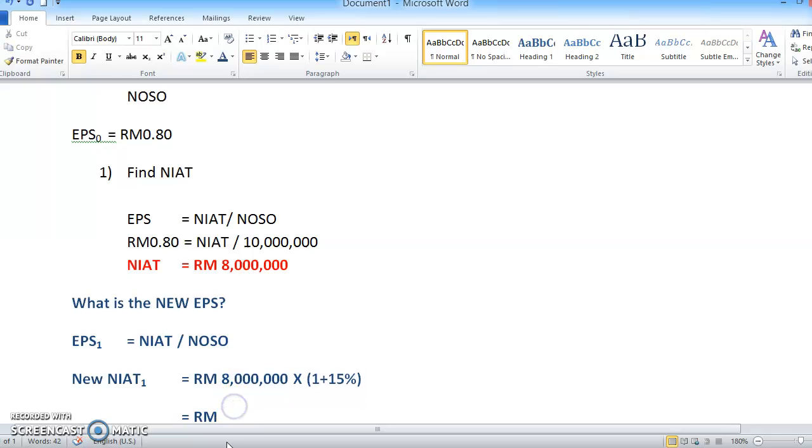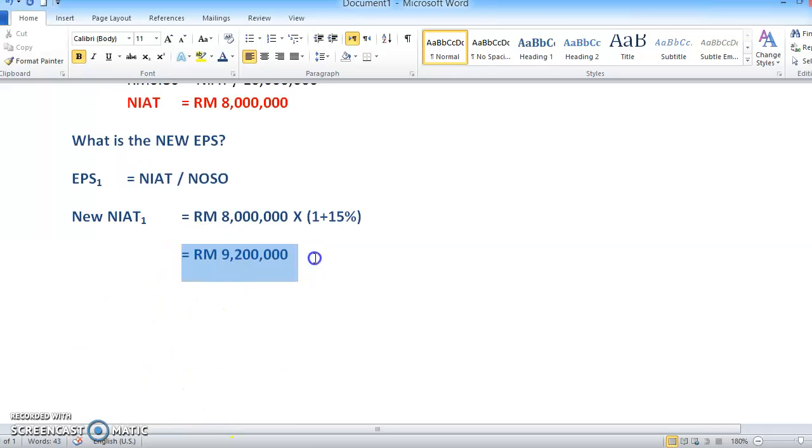Okay, so how much? Kan, 8 million times 1.15, you akan dapat 9,200,000. So this is your new net income after tax, right? Okay, so you boleh buat secara manual, 15% times 8 million and then tambah balik kepada jumlah 8 million, sama sahaja, right? So you will get the same 9.2 million.